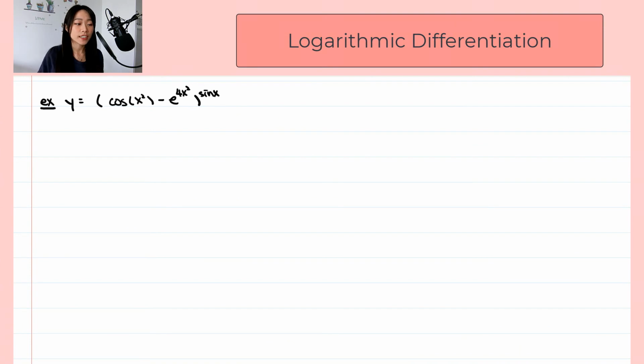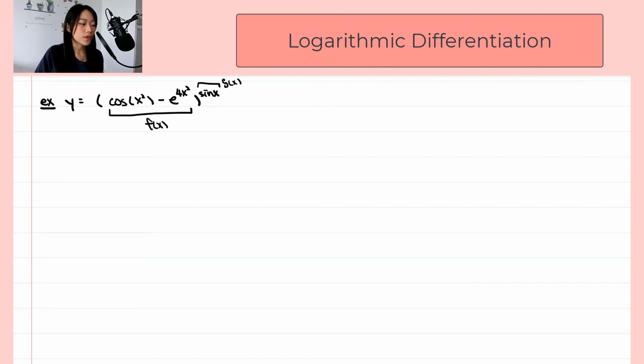Now let's look at another example. Here we have cosine of x squared minus e to the power of 4x squared, and the whole thing to the power of sine of x. So here again, we have a function of x to the power of another function of x. So again, it's in the form of f of x to the power of g of x.